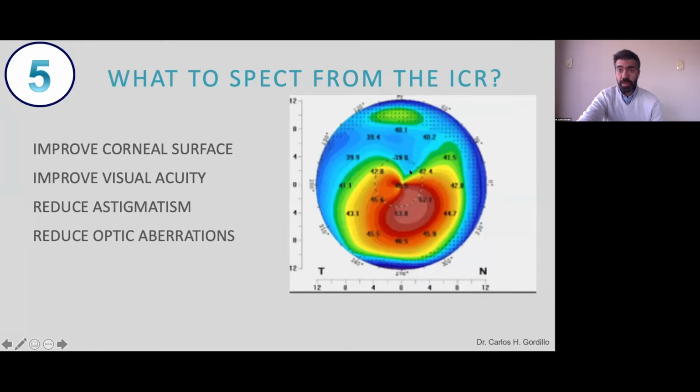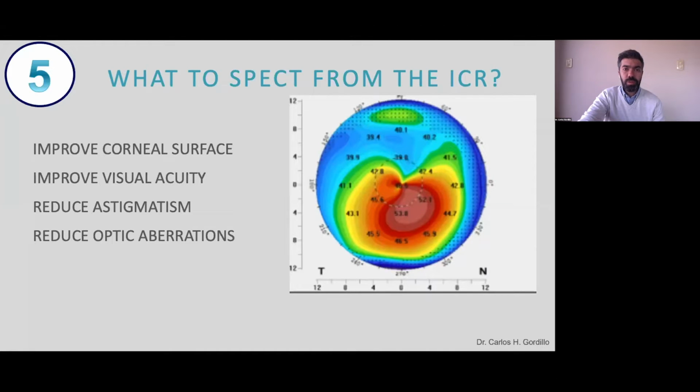What to expect from the intracorneal rings? We need to know that they are going to improve the corneal surface. Probably they will improve the visual acuity, correct it, or under-correct it. We're going to reduce the astigmatism, and we are going to reduce the optic aberrations.